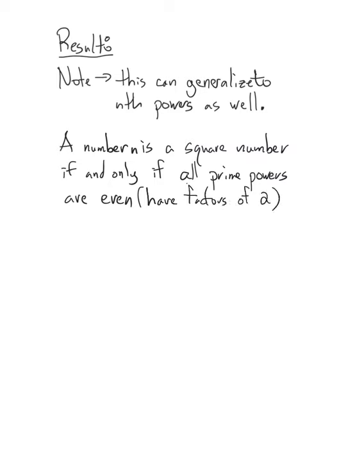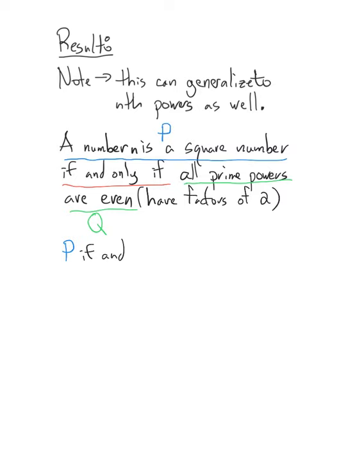So, this if and only if, this is called a biconditional. So, it's kind of two if-then statements, two conditional statements in one. So we kind of have two parts here. So we have a P, the first part, and we have a Q, the second part. So what this if and only if says, so P, if and only if Q, so that's logically equivalent.